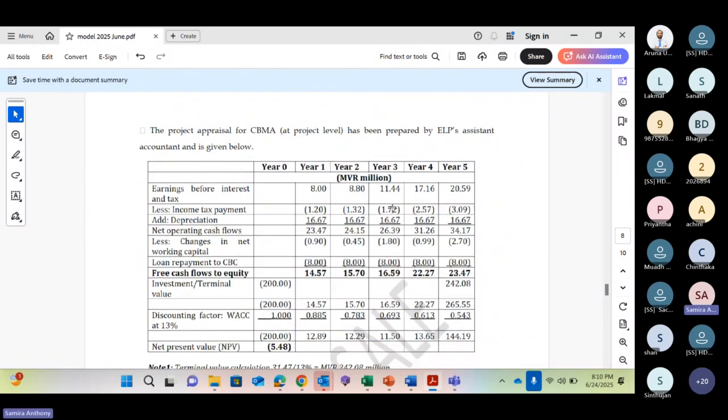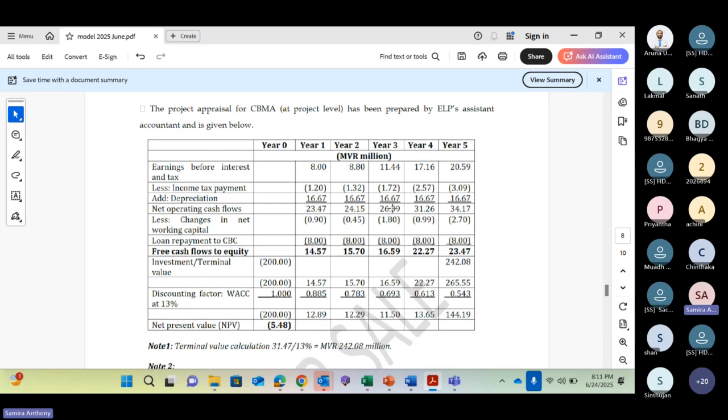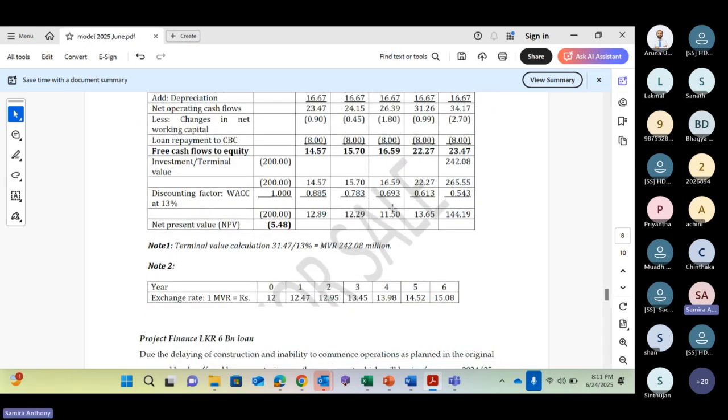It's given in Maldivian rufiyaa: earnings before interest and tax, less income tax, net operating cash flows, less changes in net working capital, loan repayment to CBC, free cash flows to equity, investment on terminal value, discount factor at 13%, net present value. Terminal value calculation is given. Note number 2, exchange rate also given.